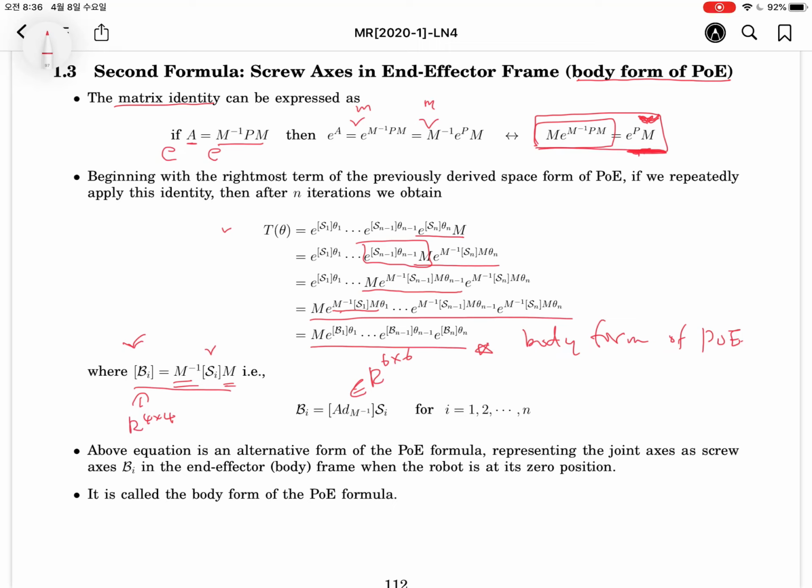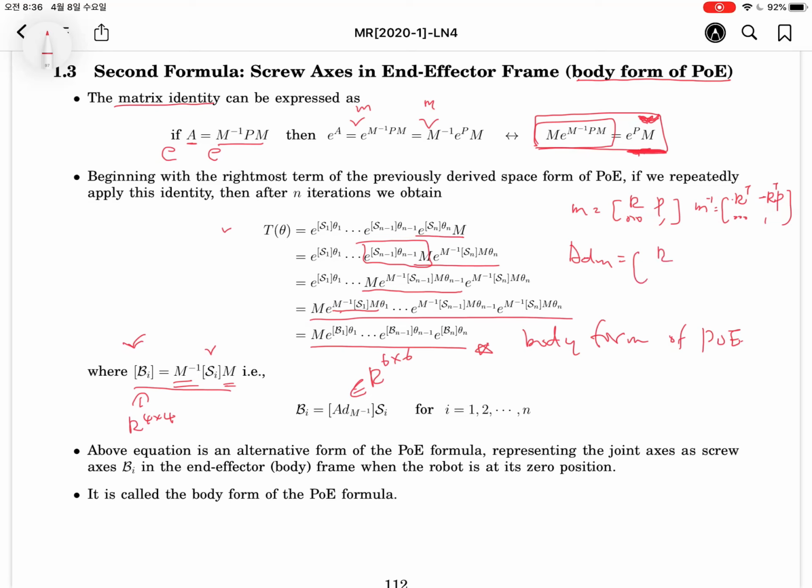In this case, the screw axis can be changed directly from the 6-dimensional vector to another 6-dimensional vector. Okay. M is given by the rotation R and the P and the 0, 0, 0 as 1. Maybe the M inverse will be R transpose. How about that? Minus R transpose P, 0, 0, 0 and 1.